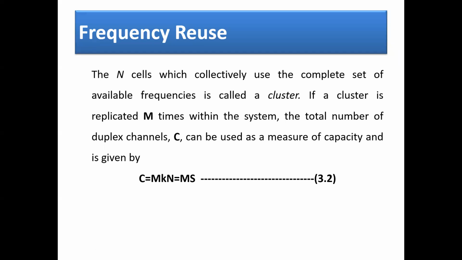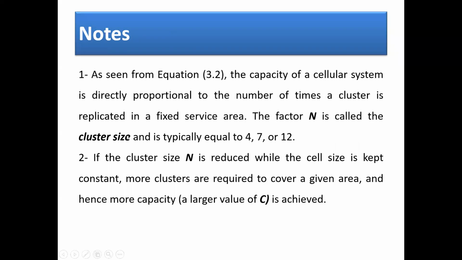Just as talking M bandwidth. So when we talk about the capacity, we are talking about, for example, the number of channels or users. So M will be multiplied by S, where S represents the number of duplex channels in the system. Now, notes.